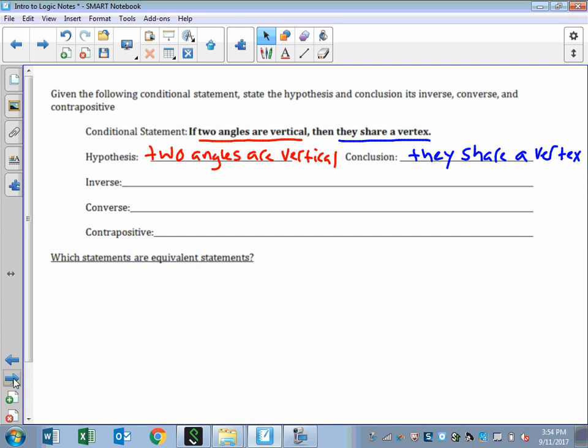Now we want to write the inverse of that. If you look at your notes from up above, you can see how we're going to structure it.